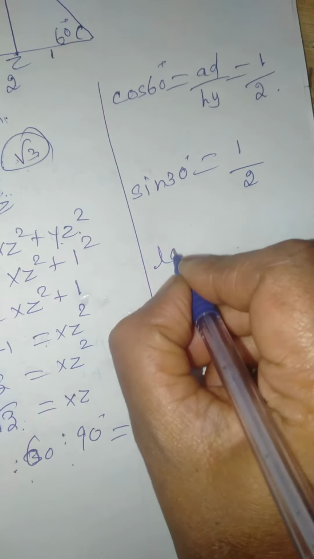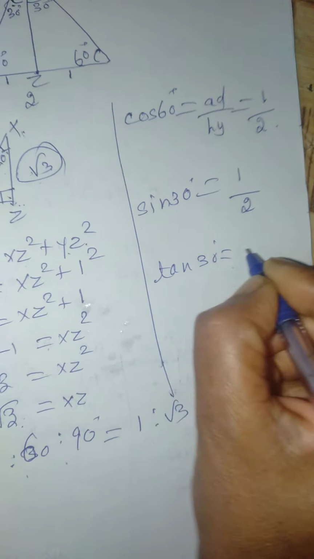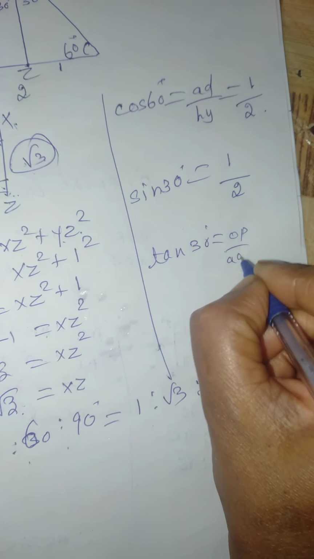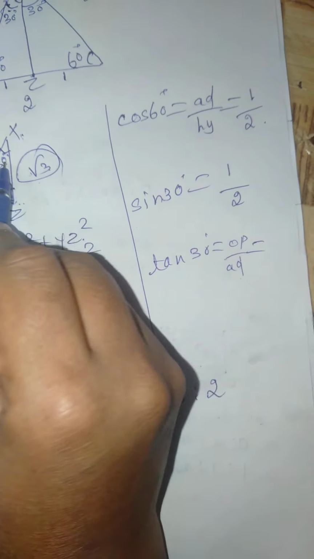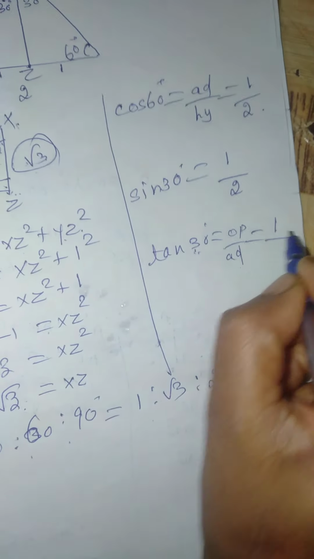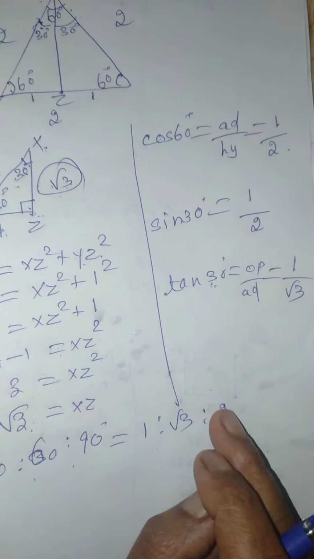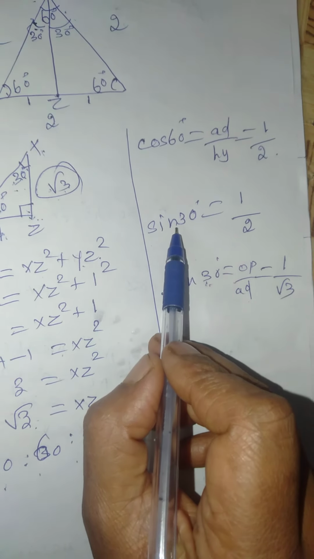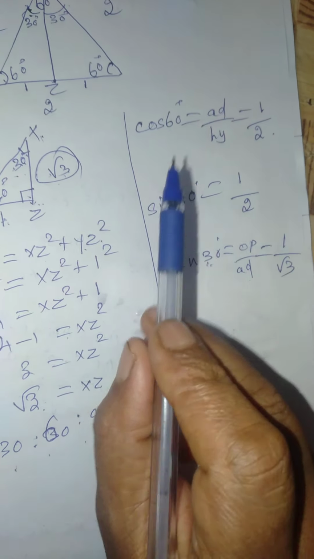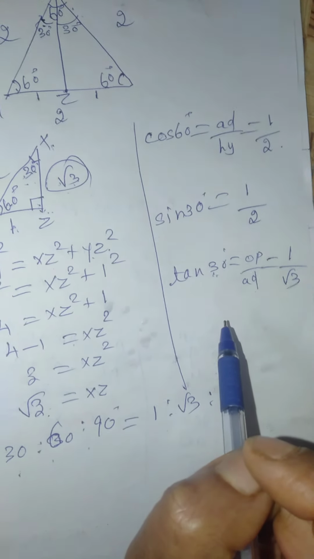Suppose you want tan 30 degrees, the formula is opposite by adjacent. Opposite of 30 degrees is 1 and adjacent of 30 degrees is root 3. Like this we can find out all the values: sin 30, cos 30, tan 30, and like that sin 60, cos 60, tan 60 also.